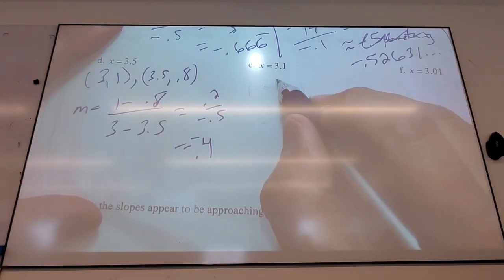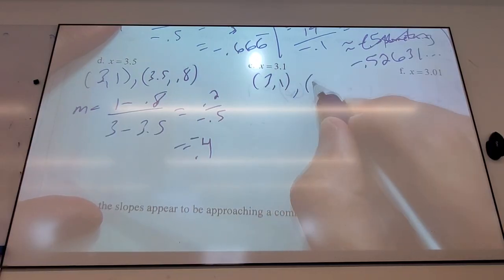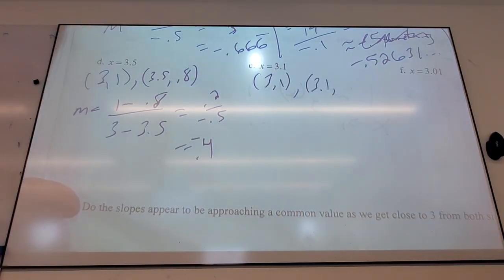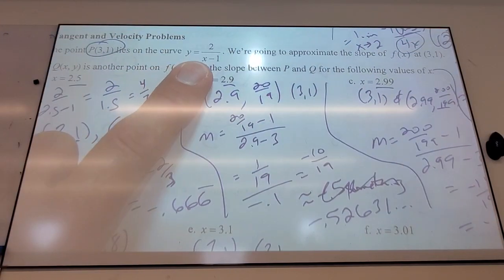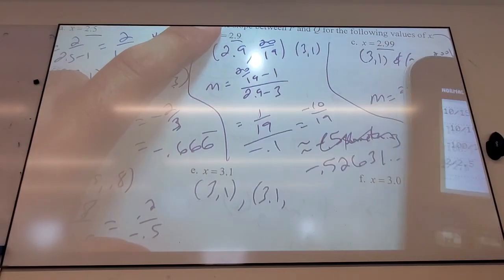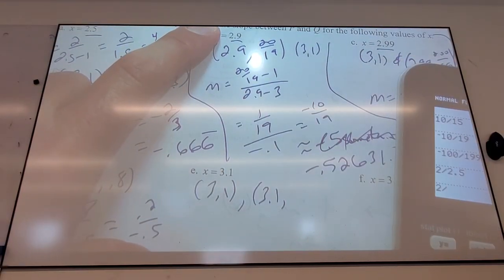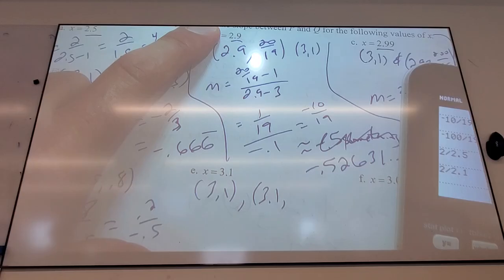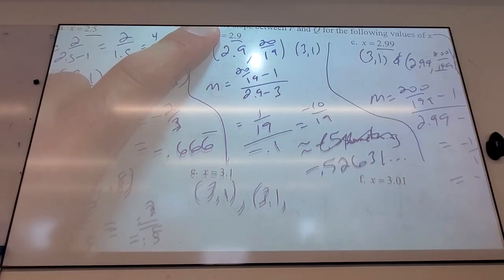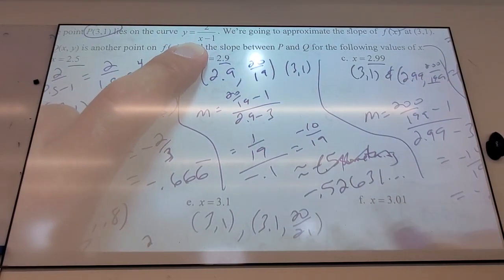And then I just keep going. 3, 1, and when I plug a 3.1 in, I'm going to get 2 divided by 2.1. So big ugly thing, we're just going to do 20 over 21.